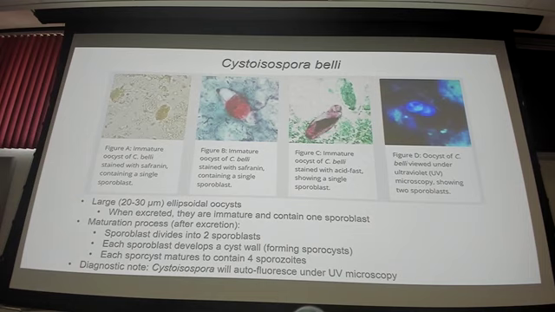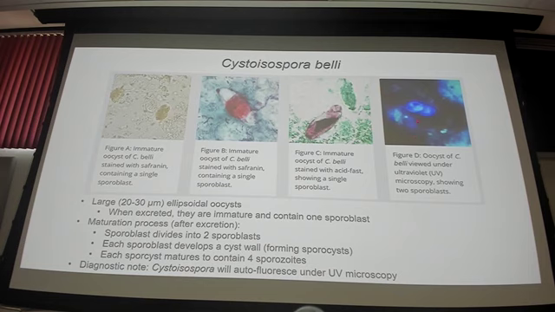You can see that giant ellipsoidal sporocyst there. Here too, I doubt that this might be safranin, but it's definitely counterstained with blue stain. So you can see that single sporoblast in the center, and then a trichrome stain here. And lastly, by virtue of the fact that these parasites can autofluoresce, you can see them under UV light.